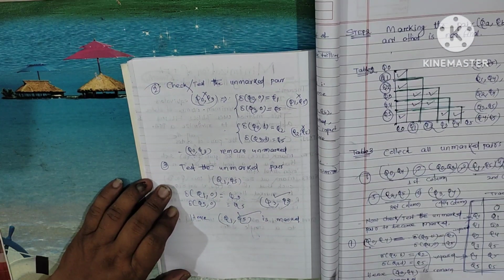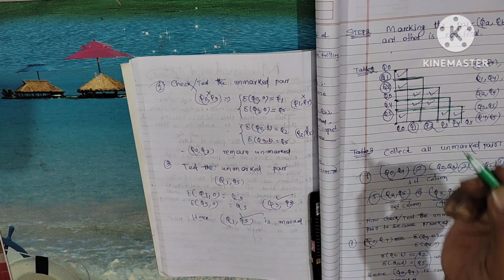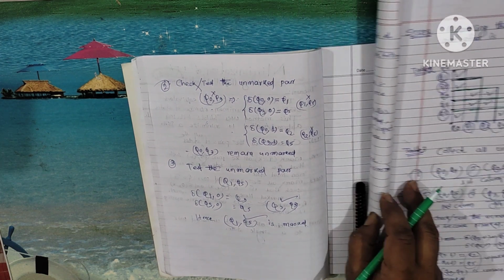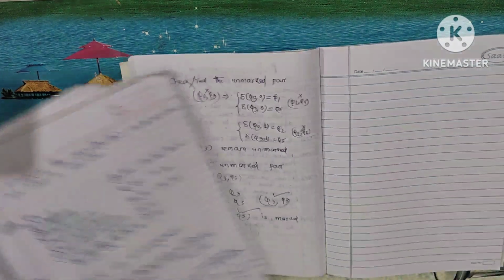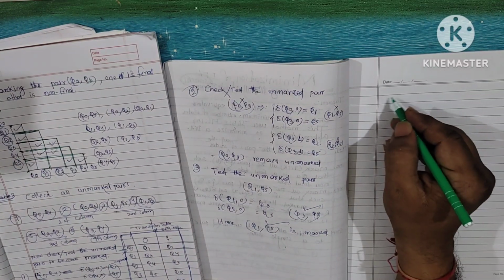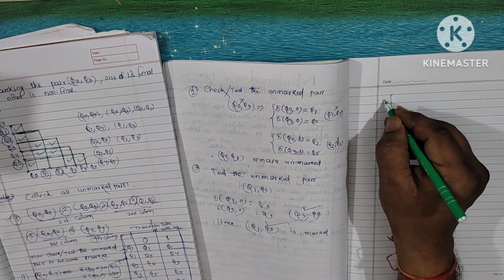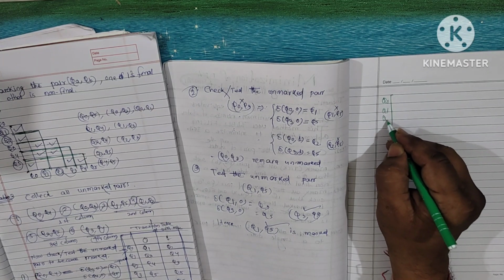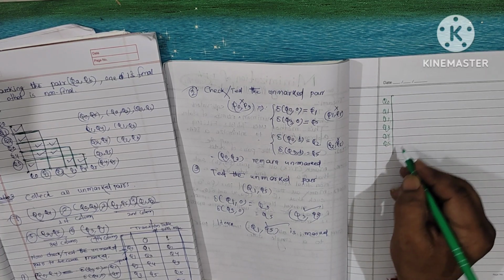So what we have to do? In step 3, actually let me go for table 3. You can create one more table here. Q0, Q1, Q2, Q3, Q4, Q5.